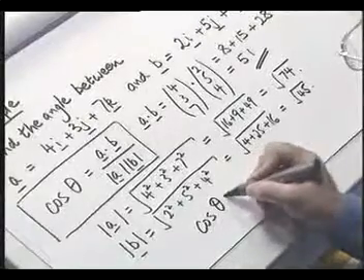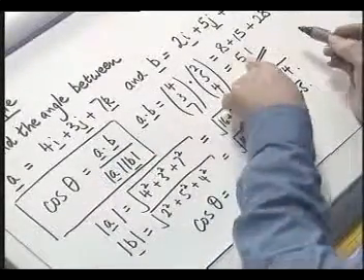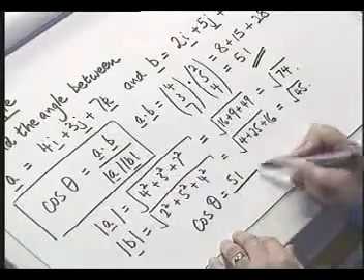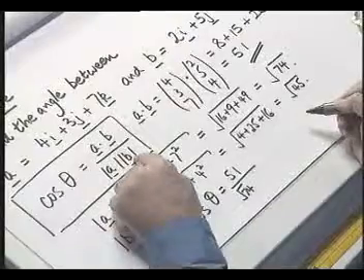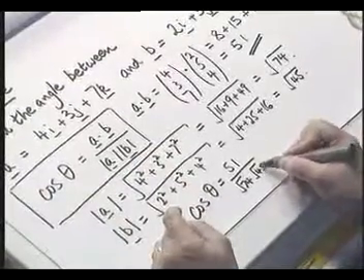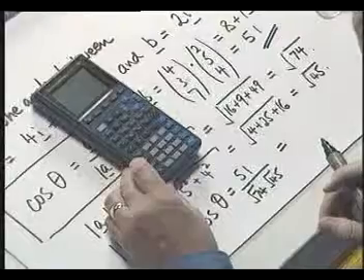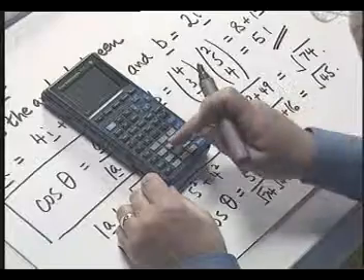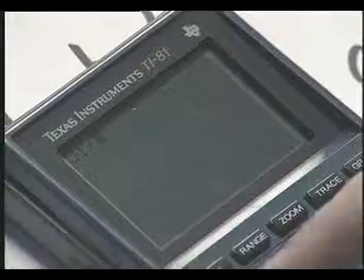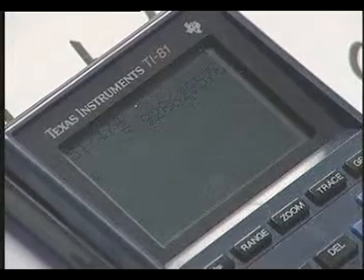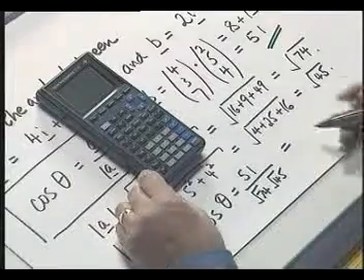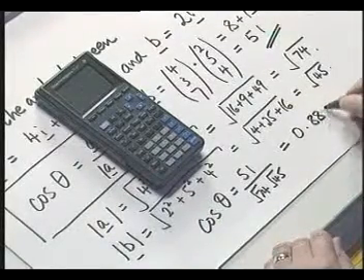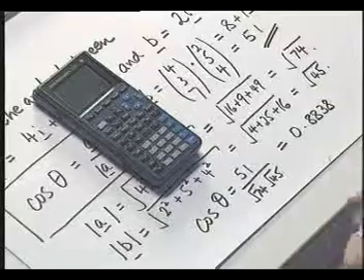Cosine theta will be A dotted with B, which we found was 51, divided by the modulus of A, which is the square root of 74, the modulus of B, which is the square root of 45. Now we'll need a calculator to work this out. We want 51 divided by the square root of 74 divided by the square root of 45, which is 0.8838 to 4 decimal places.